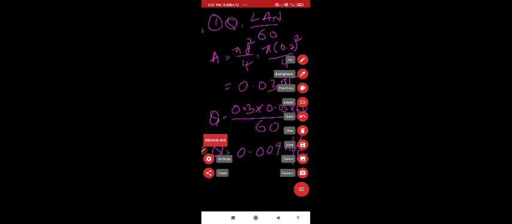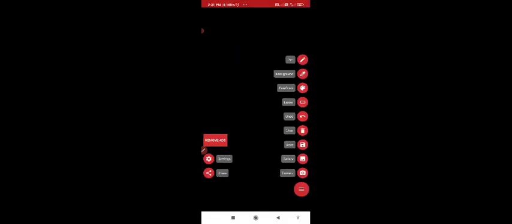Now we will calculate the second one, theoretical power required. P is equal to W into Q into HS plus HD by efficiency. Substitute all the values in this equation.